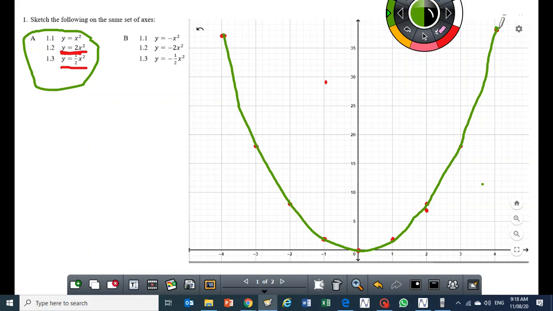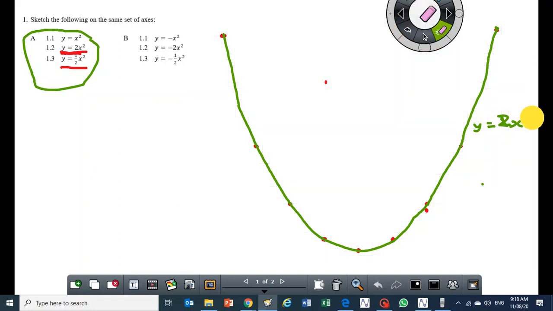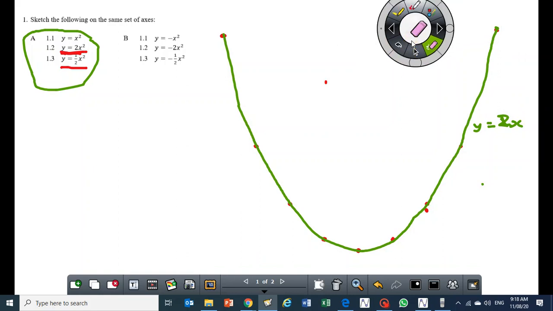So I just want to encourage you to practice how to sketch the quadratic function. So this function is y equal to 2x squared. So I'm going to label it, I can write y equal to 2x squared. That's y equal to 2x squared.